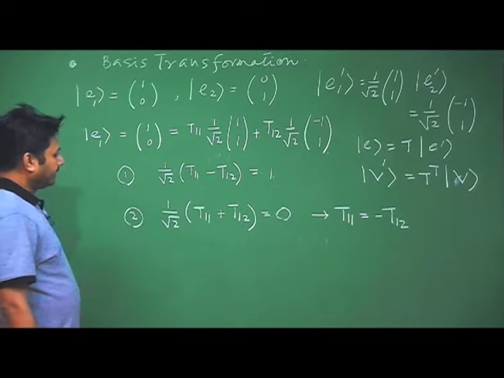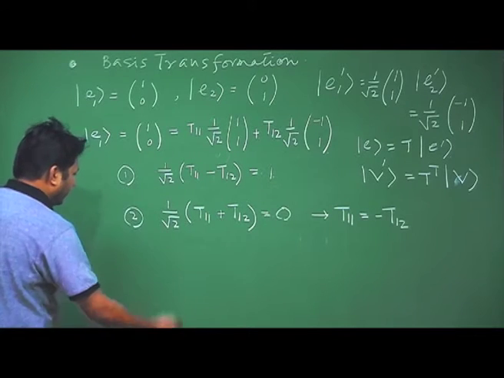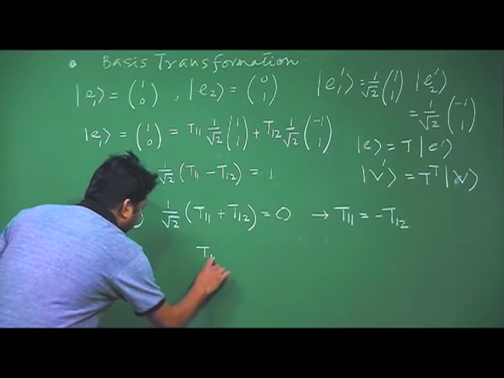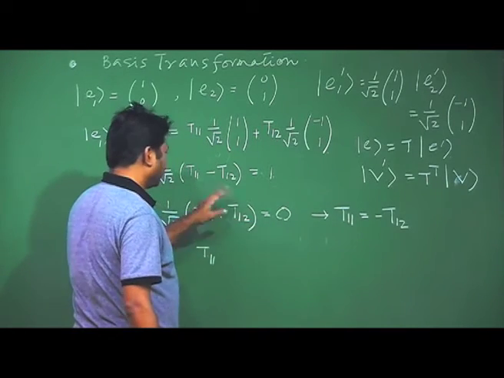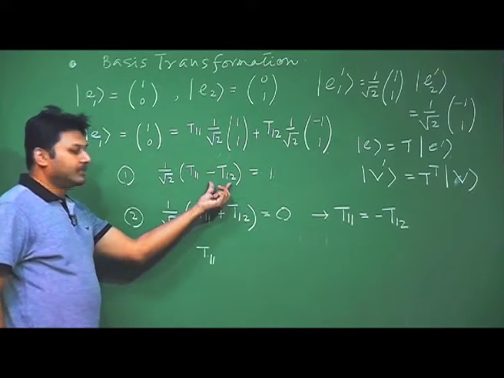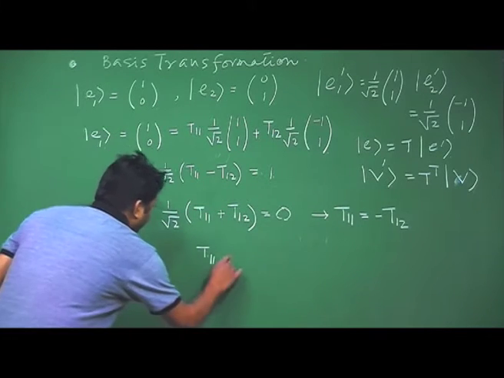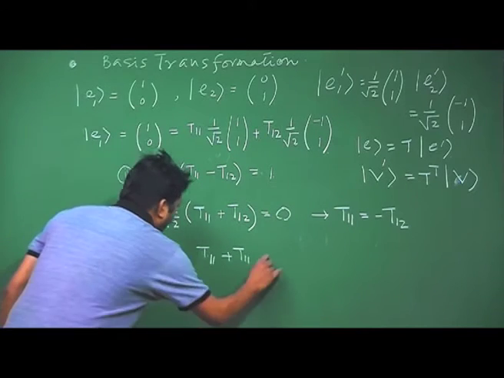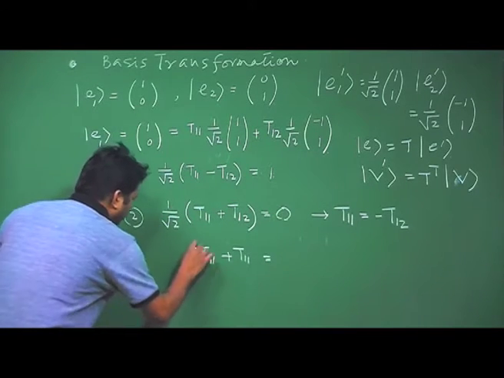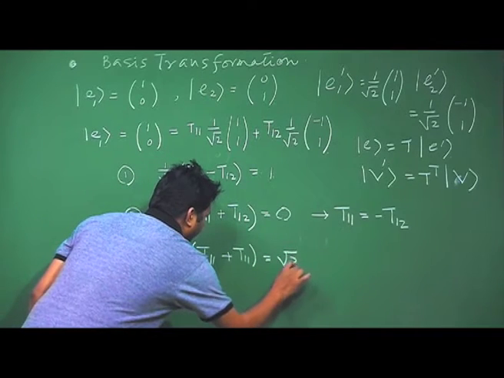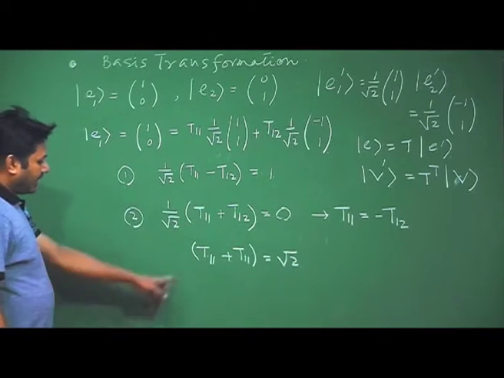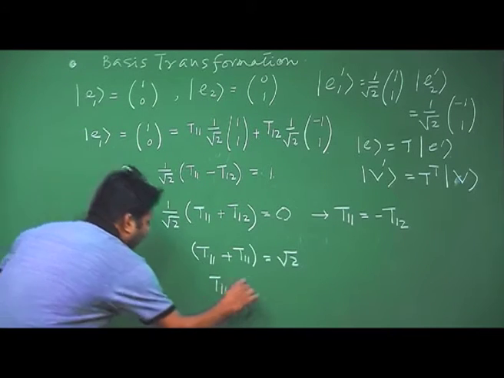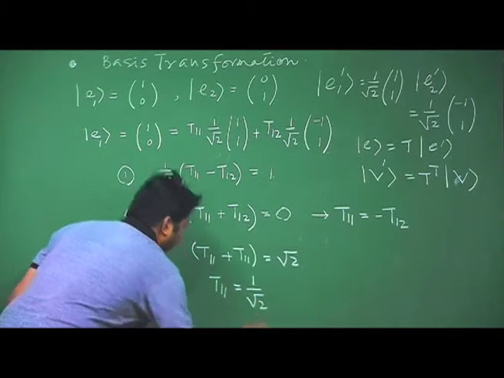If I put it here, then my T11, I put this information here, so minus T12 would be replaced by T11, T11 plus T11 will be root over of 2, and this gives me T11 is equal to 1 by root over of 2.